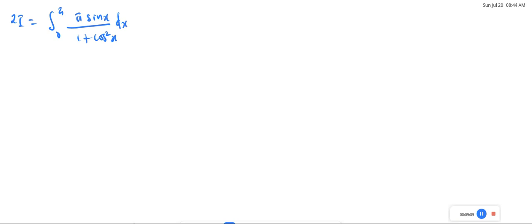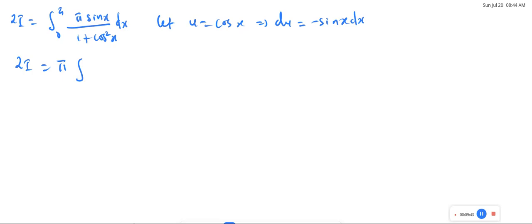Now let's make a substitution by letting cos x be u. If we differentiate u, it gives us minus sine x dx. So 2I equals, this pi is a constant, so we can bring it out, pi multiplied by the integral, and the limits are going to change.